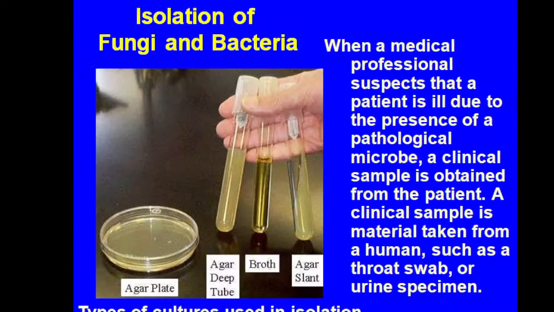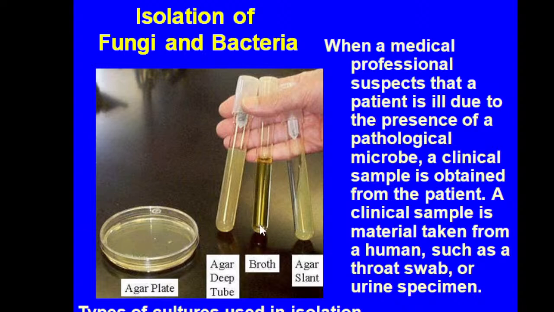So the isolation is not so different from what we have for bacteria. Again, we just repeat that we may use an agar plate for the separation of the colonies, right? So the broth is used to increase the growth of bacteria.